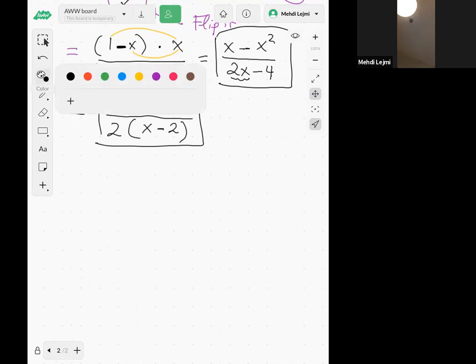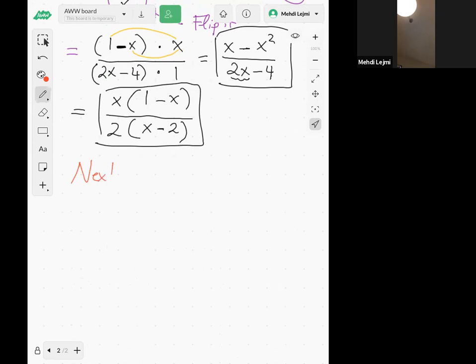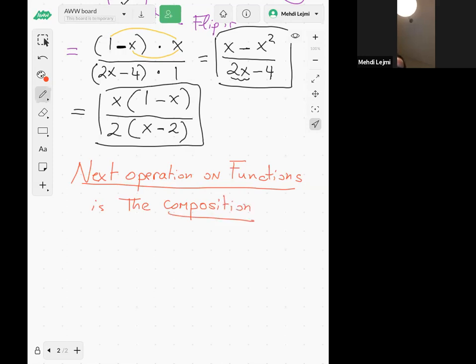So the next and last operation on functions is the composition. We're going to compose functions. All right.